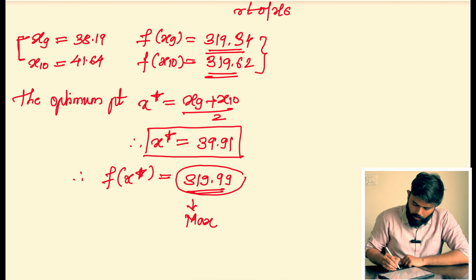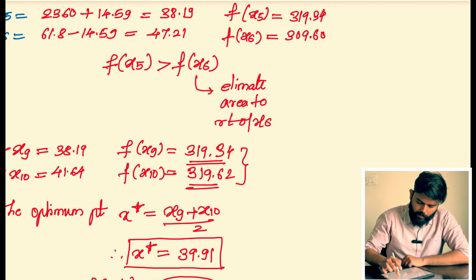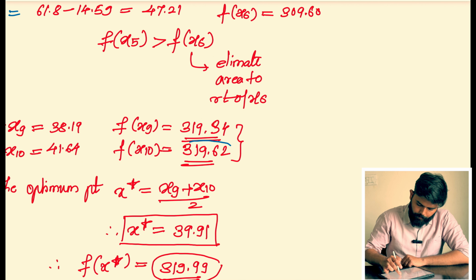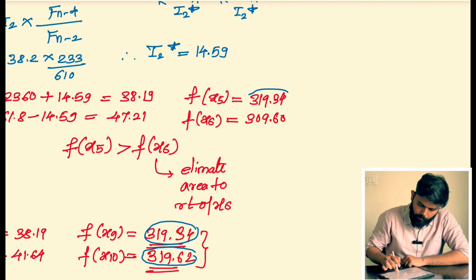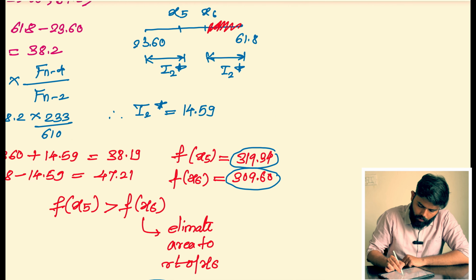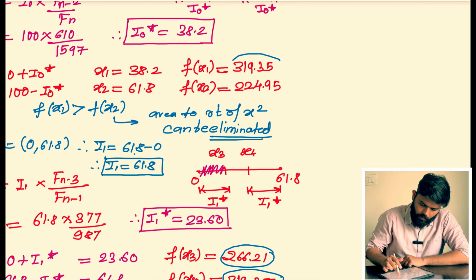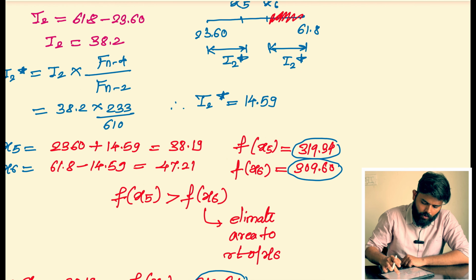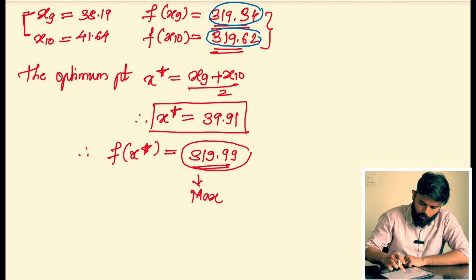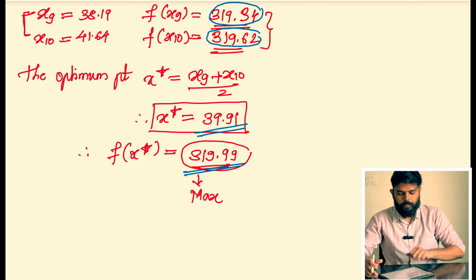If we compare this value with all the previous values that we have got, 319.62, 319.34, 319.34, 309, similarly 266, 319.35, 319.35, 224.95, etc. So if we consider all these values, obviously the maximum value is 319.99 and the corresponding point is 39.91.